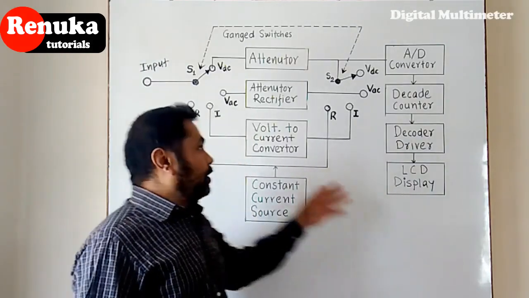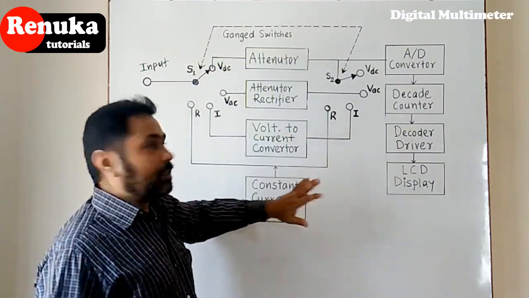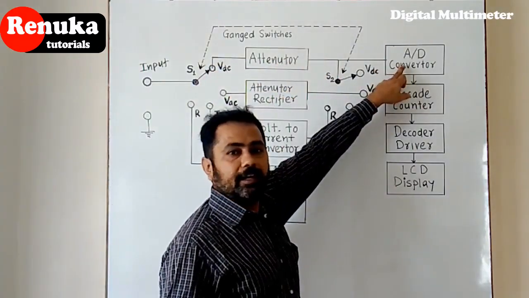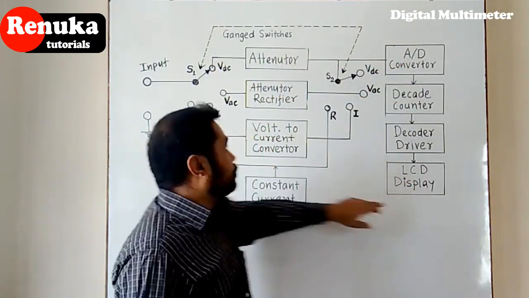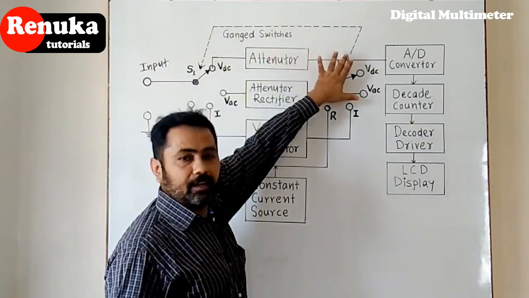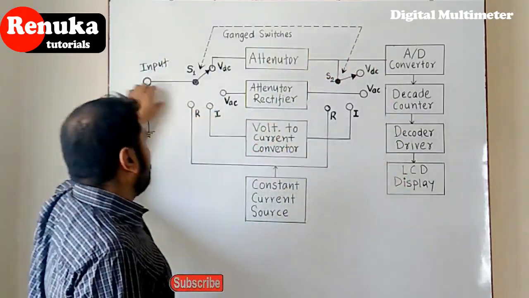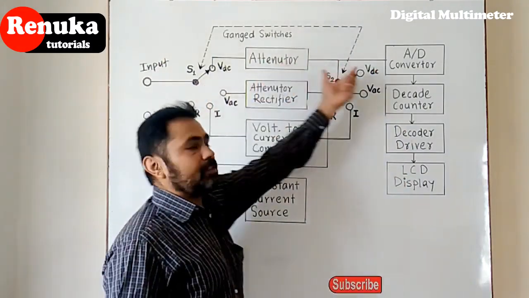For that, the attenuator circuit is used, which limits the voltage. After attenuation, it goes directly to the AD converter and will be displayed by the LCD display. No further conversion has to be done, because this requires a DC value and we are inputting the DC value directly. So only the attenuator circuit is used here.